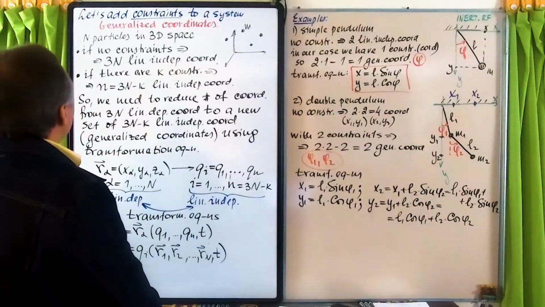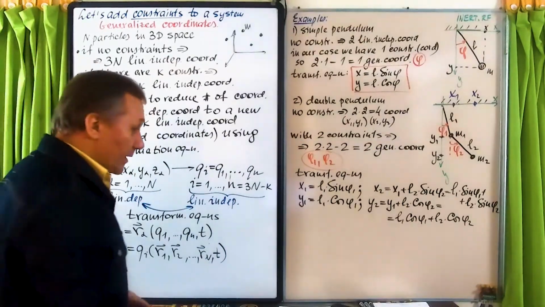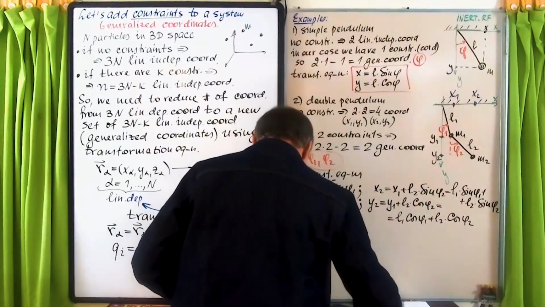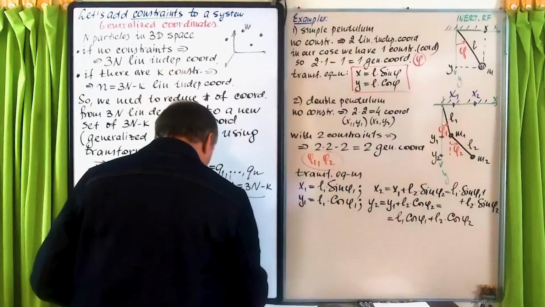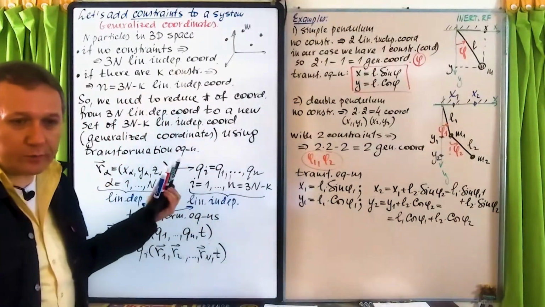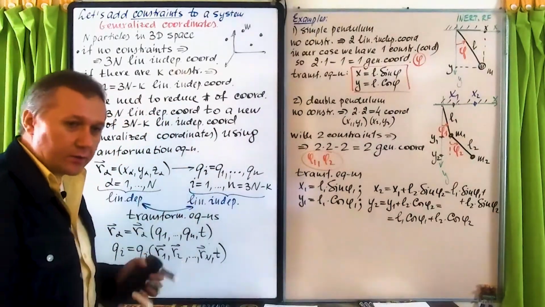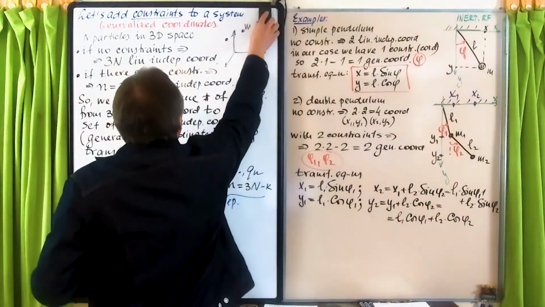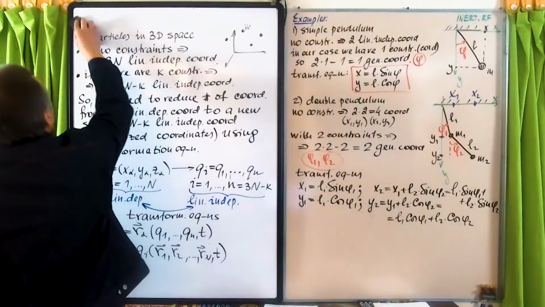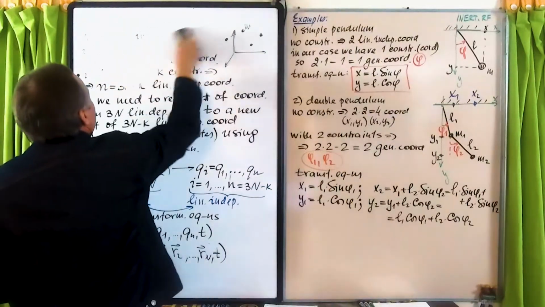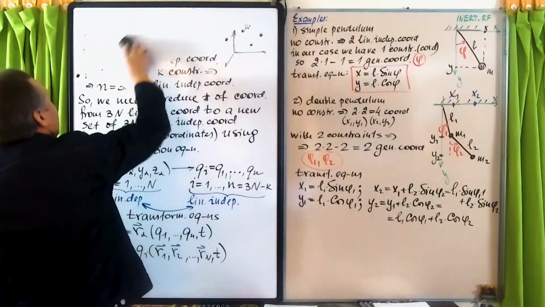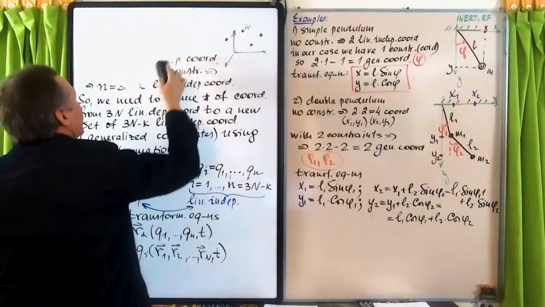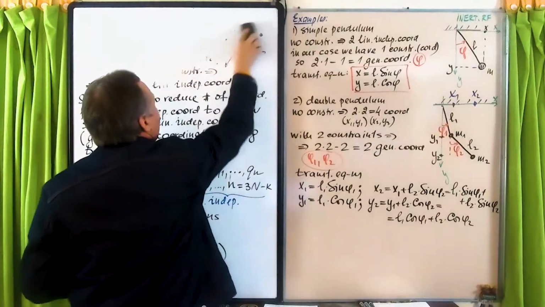Okay, I guess it's time to start erasing this part and look at another example. Again, we're not solving, we're just picking generalized coordinates and writing transformation equations.